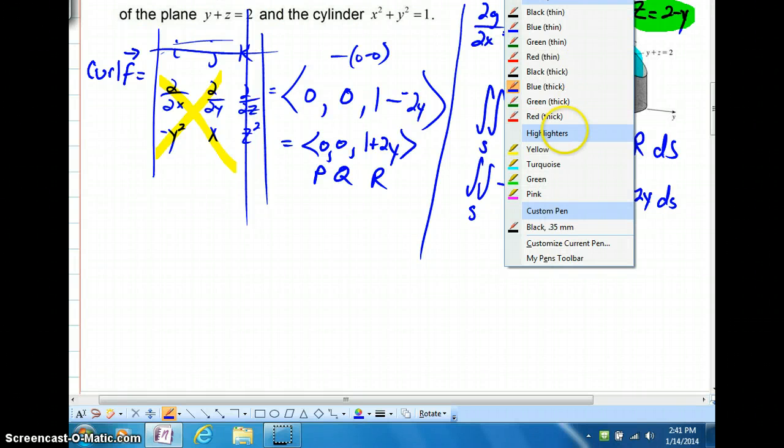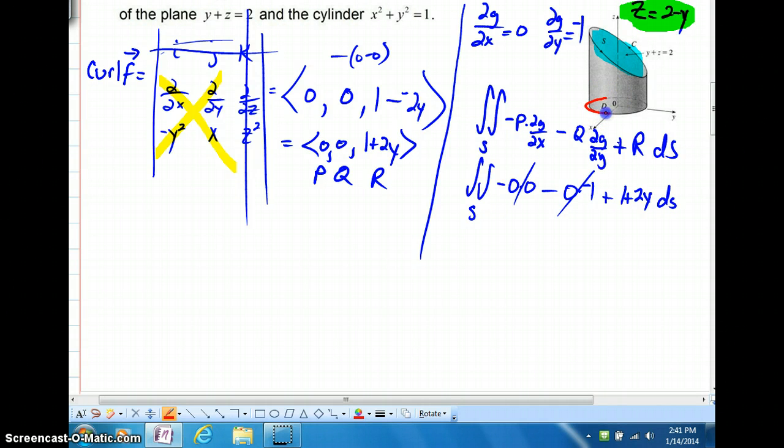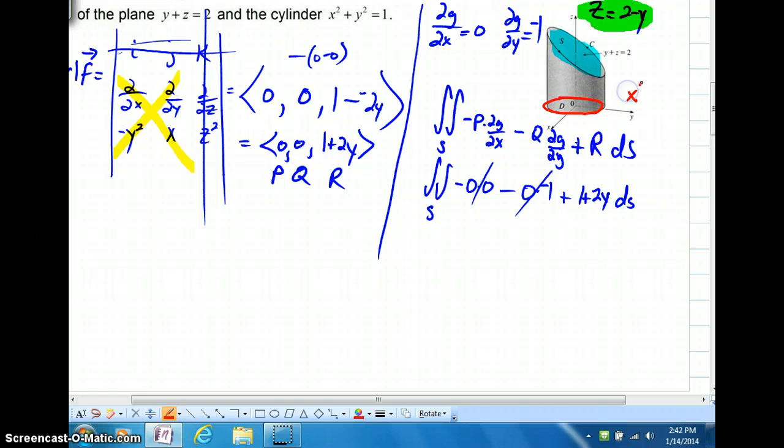It's as if we could shine a light and get a shadow, and that boundary curve has to correspond to the region that we would be integrating over. I hope you can see very quickly, wait just a minute, that's the circle x squared plus y squared equals 1.